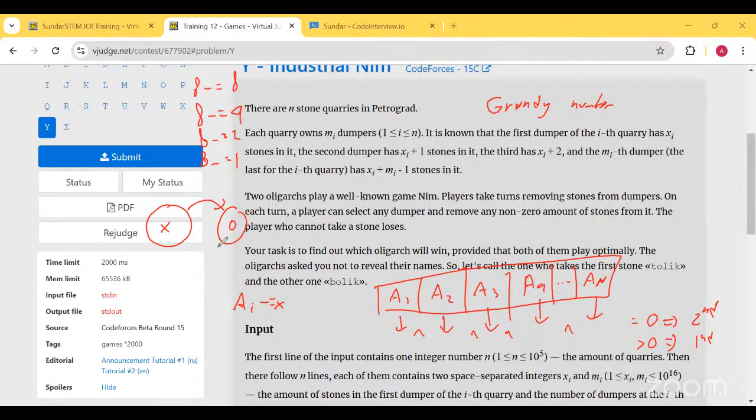So the opponent always makes it non-zero. And finally, the losing position is when the Grundy number is 0.